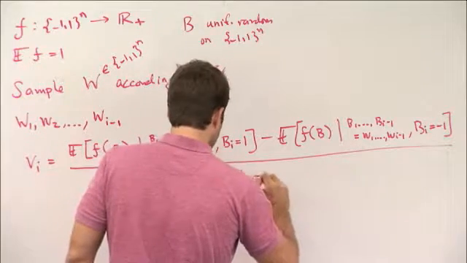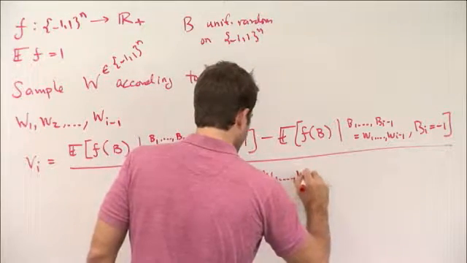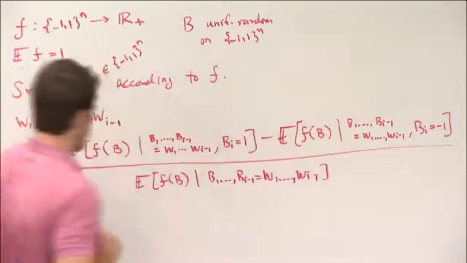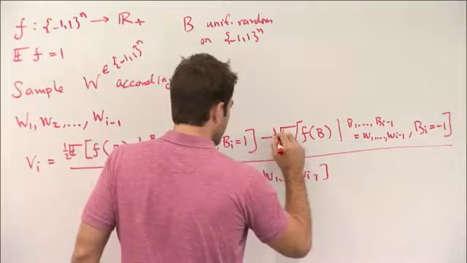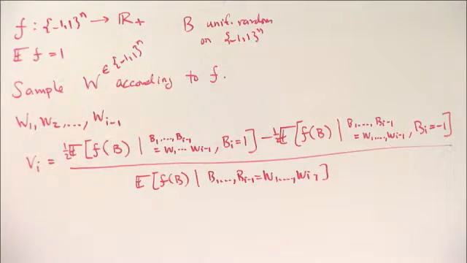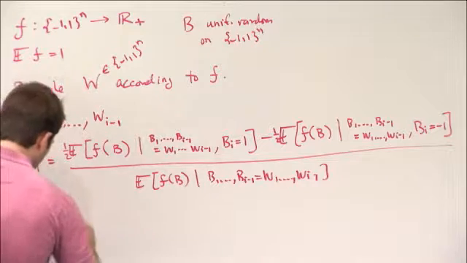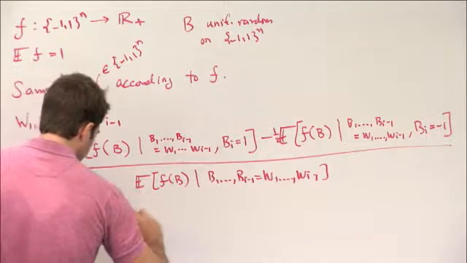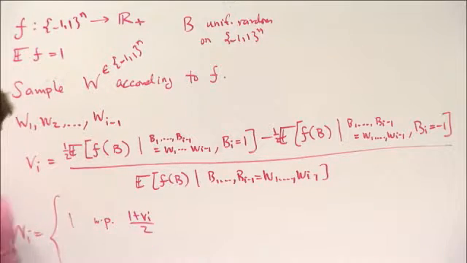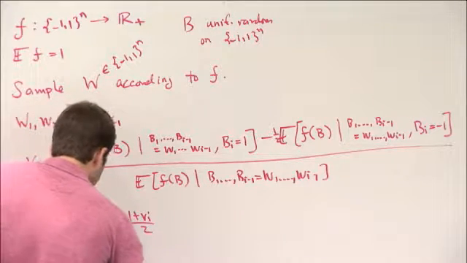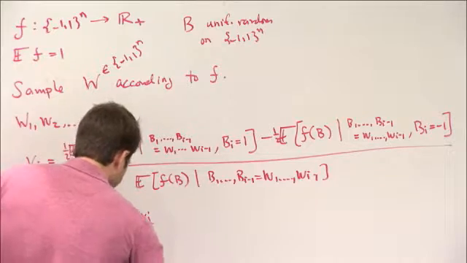Here this is conditioned on W up to Wi minus 1. And then we should put a half here for the formula I want to write down. How will we sample the ith bit? The ith bit is going to be 1 with probability (1 plus Vi) over 2, and minus 1 with probability (1 minus Vi) over 2.